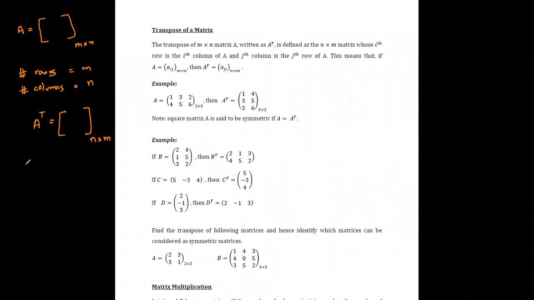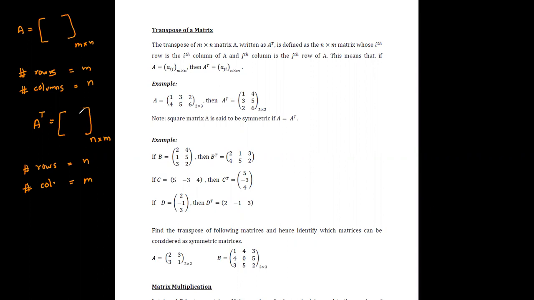Now you can see that the number of rows is equal to n and the number of columns is equal to m. This is how we identify the number of rows and columns in the matrix and in its transpose.